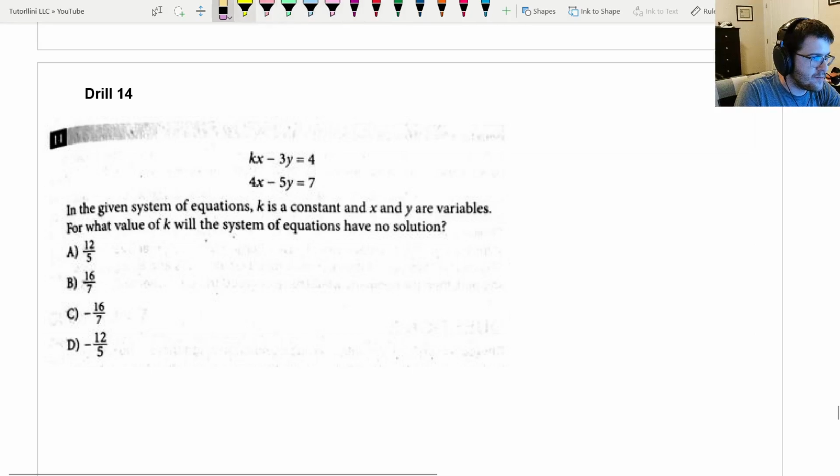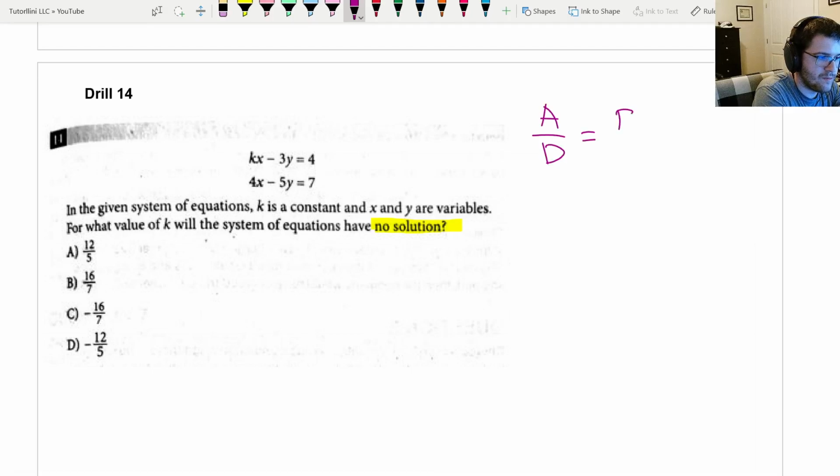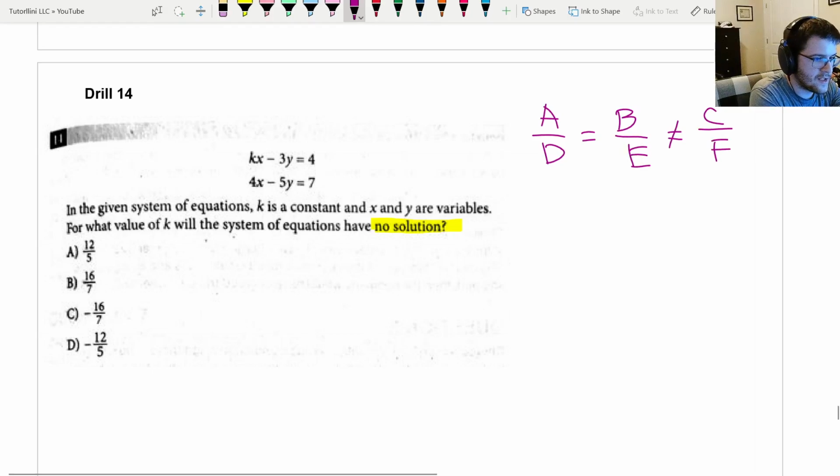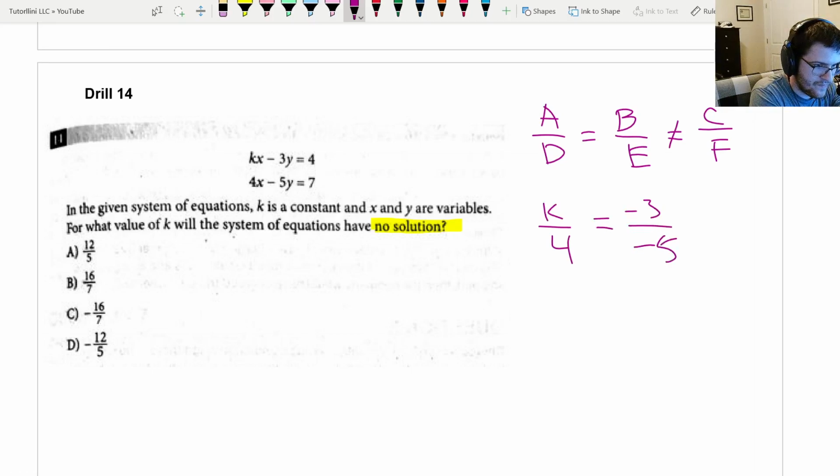Okay, great. This is textbook, what we did in the Ottocento linear systems, how many solutions video. So no solution tells us that A over D equals B over E is not equal to C over F. So just circle all the constants, like I was doing before. K over 4 equals -3 over -5 is not equal to 4 over 7.